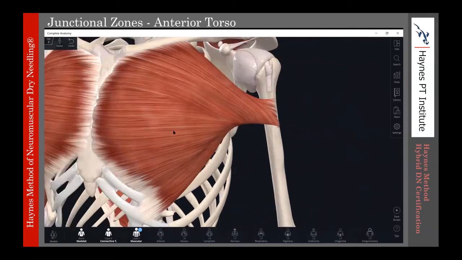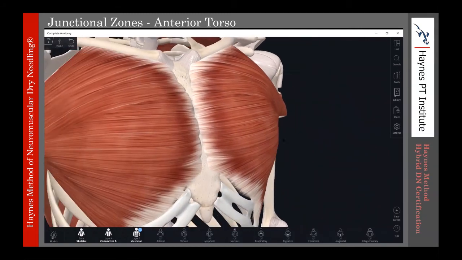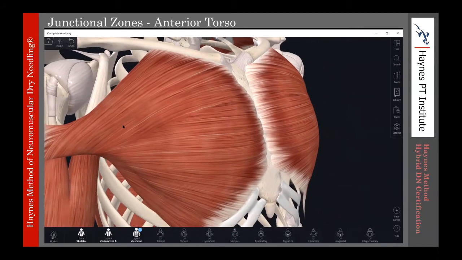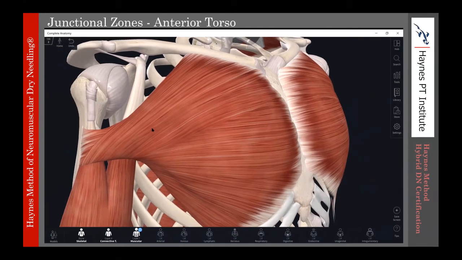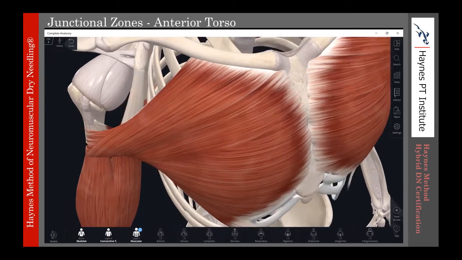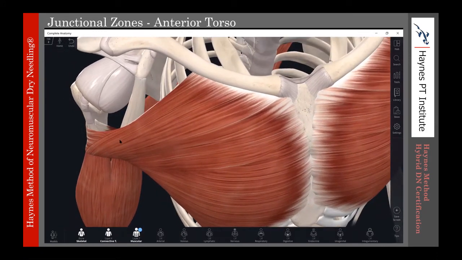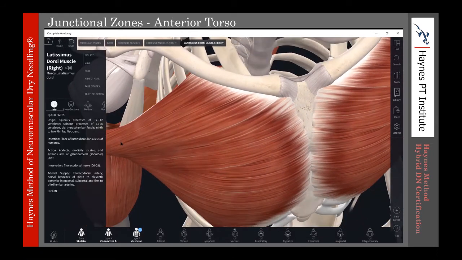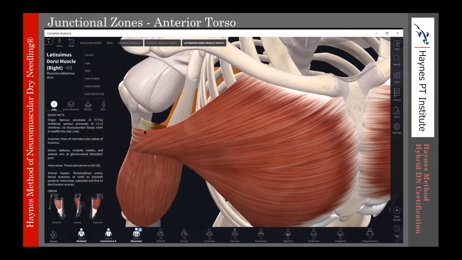But I want to look on the model here on the right side to look at the orientation and the workings of pec major, the long head of the biceps, and then latissimus. So we talked about latissimus, which sits right here, attaching to the medial aspect of that intertubercular groove for the biceps long head.